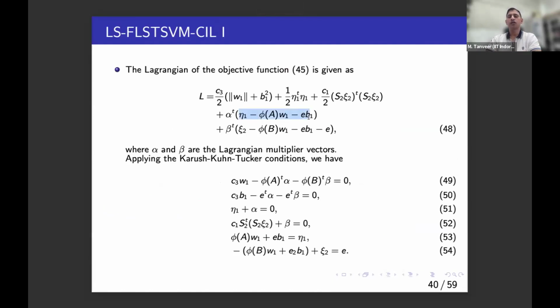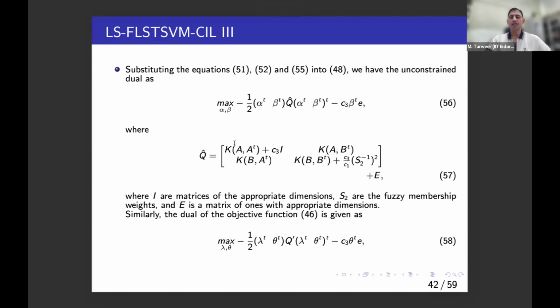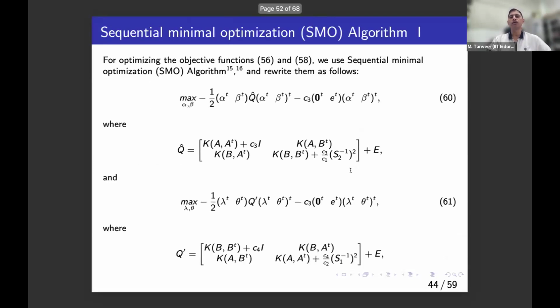When we solve it with respect to alpha, beta, gamma, and so on, we can get W1, B1 and W2, B2. We can see that we are solving these efficiently. Essentially it involves an inverse, but this is in diagonal form, the fuzzy membership weights, so it will not impact. So we efficiently work for larger scale data in this formulation.